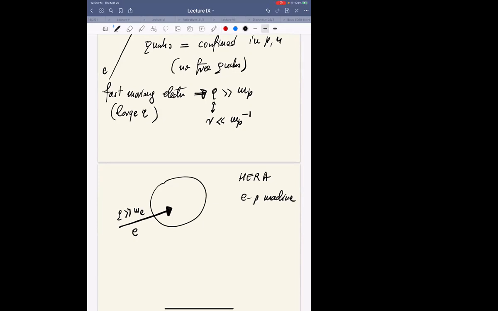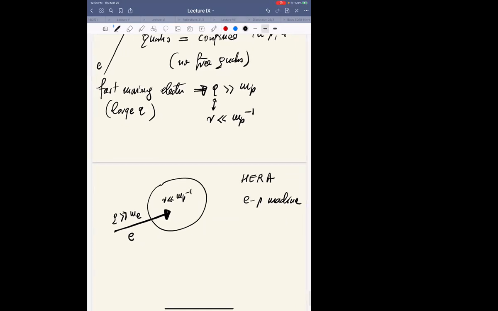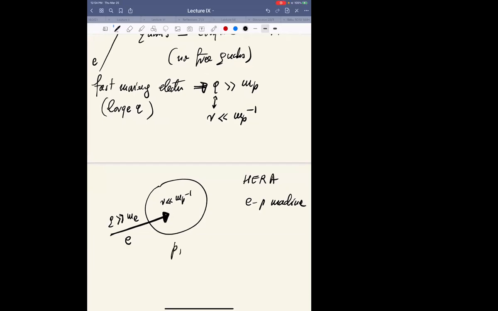So what you're doing here, you are seeing inside. You are now looking at the very small distances, much smaller than M_P to the -1. And there what happens is, okay, the proton behaves as if made of almost free quarks.